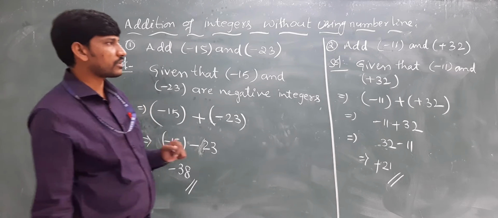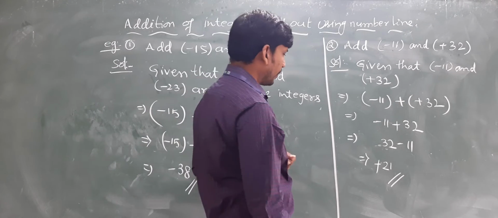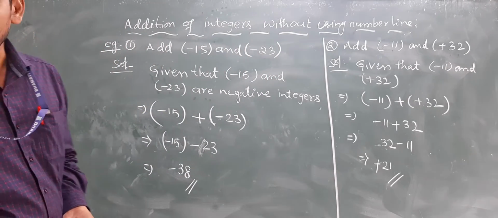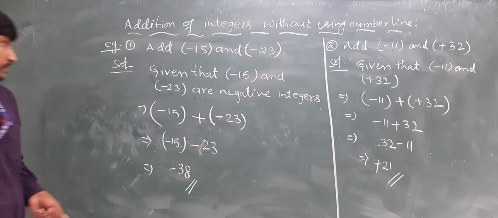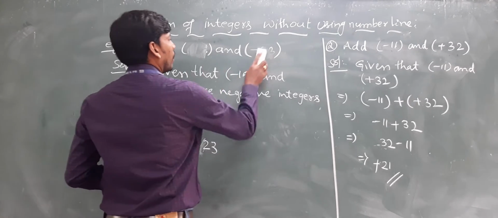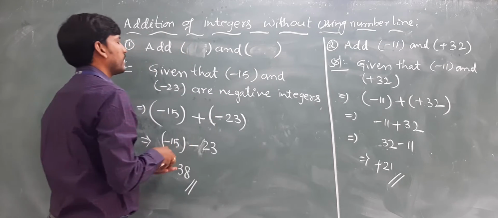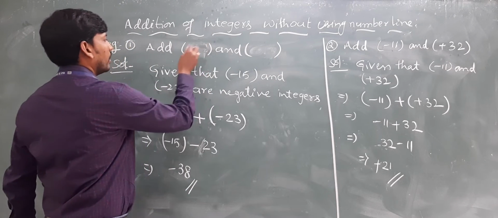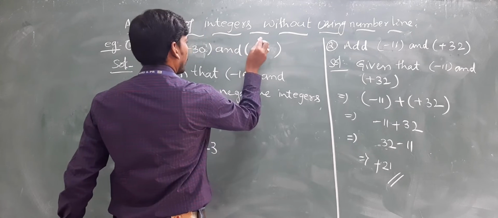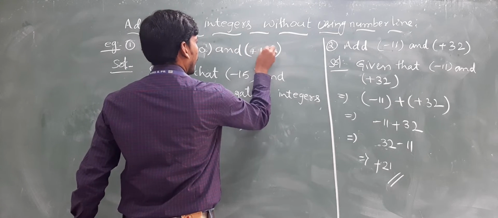Let us discuss one more example. Right. We are going to discuss one more example, with different signs. See, I am going to take a small example. Add minus 30 and plus 18.